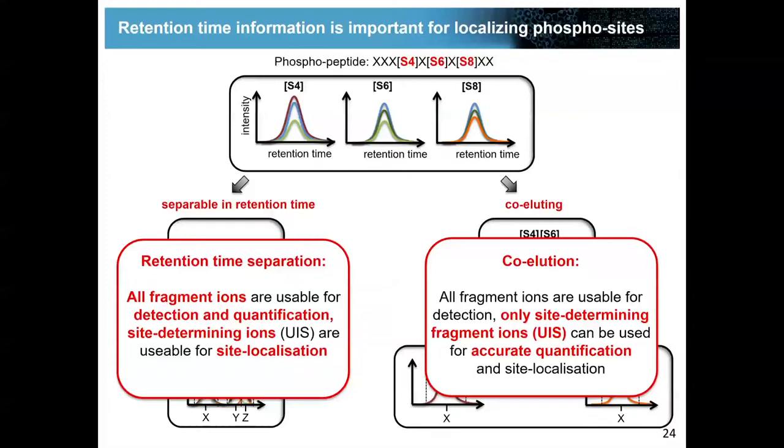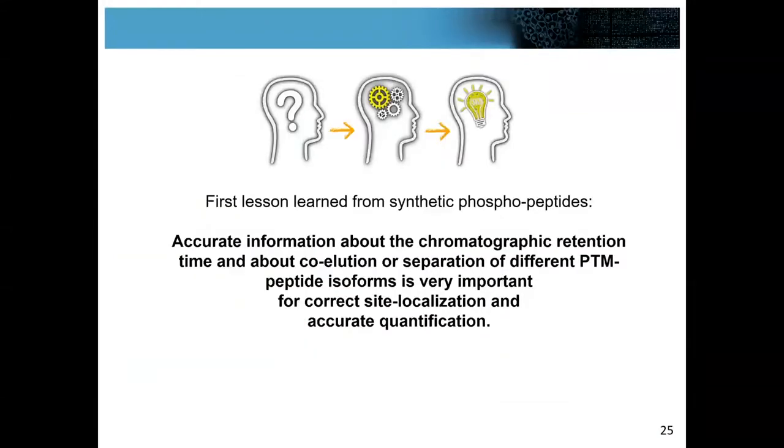Does it make sense? Okay. So that's the first lesson that I learned from this work with these synthetic phosphopeptides. Accurate retention time information and knowledge about whether peaks are co-eluting or whether they are separable is really important for correct site localization, but also then to choose the correct fragment ions for quantification.